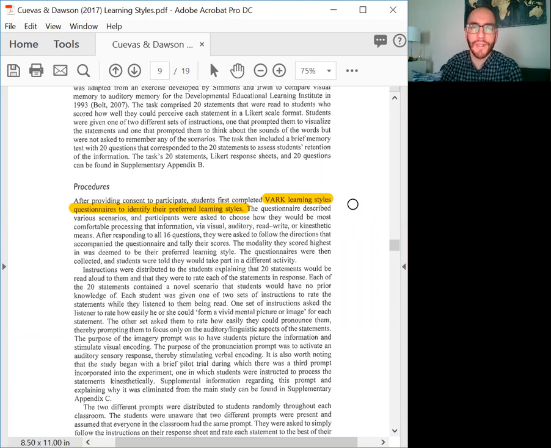So participants completed this VARK questionnaire to see if they were most comfortable learning information and having information presented in certain ways. Here, focusing on visual and auditory as learning styles of the students who participated in this study.